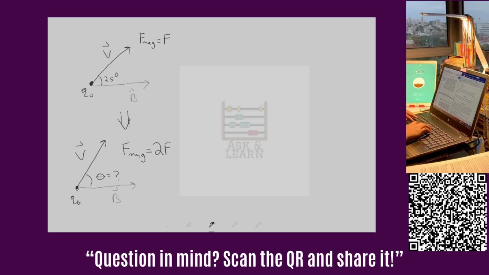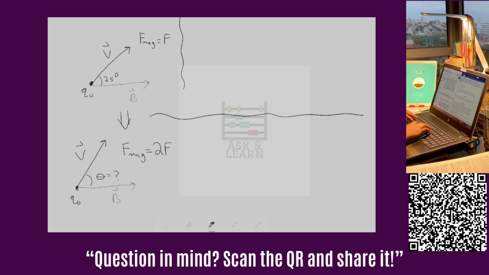Well, what we're going to do is analyze both of these situations individually and then link them through some variables that we're going to solve for. So for our top situation, let me draw a line between the two. Let's write out what the magnitude of the magnetic force would be in terms of variables.